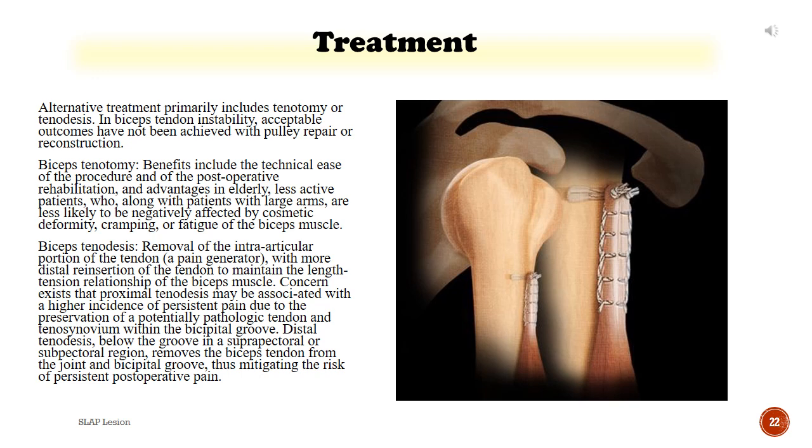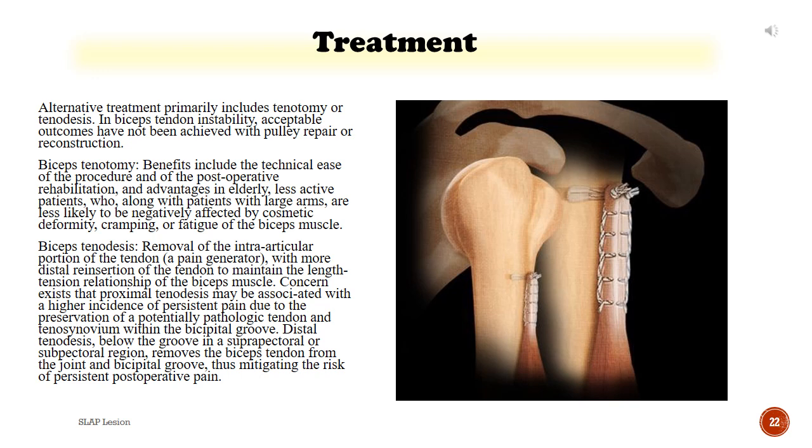Biceps tenotomy benefits include the technical ease of the procedure and of the postoperative rehabilitation, and advantages in elderly, less active patients, who, along with patients with large arms, are less likely to be negatively affected by cosmetic deformity, cramping, or fatigue of the biceps muscle.